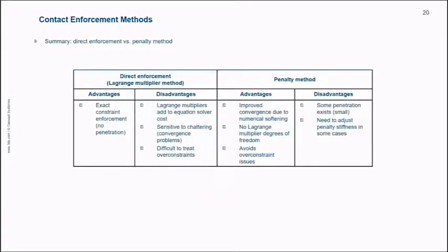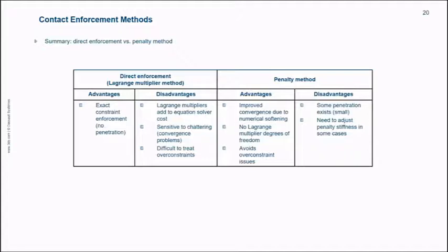So just a summary of the direct enforcement versus penalty method. The big advantage of direct is the exact constraint enforcement. The disadvantage is the difficulty of obtaining a solution that can satisfy such a strict constraint.